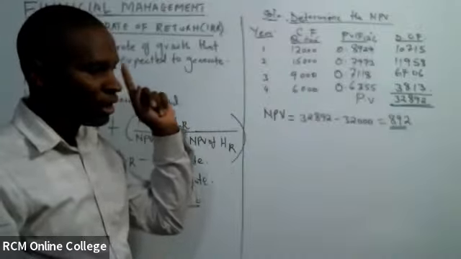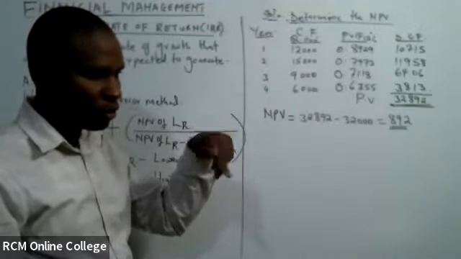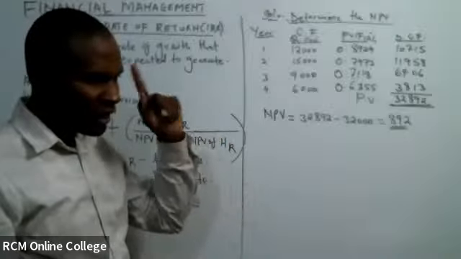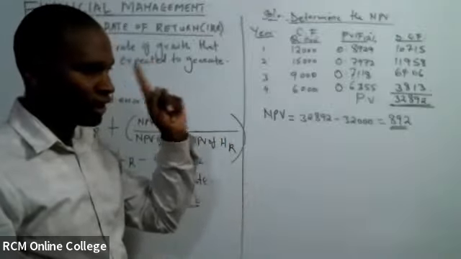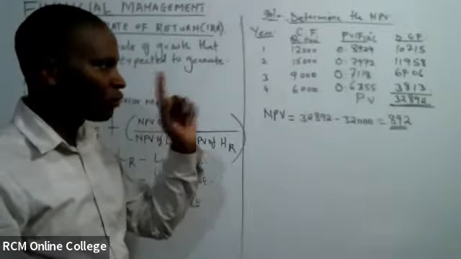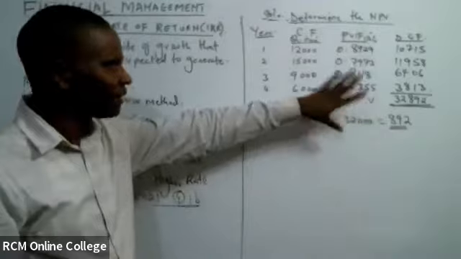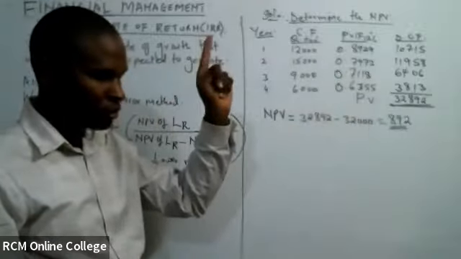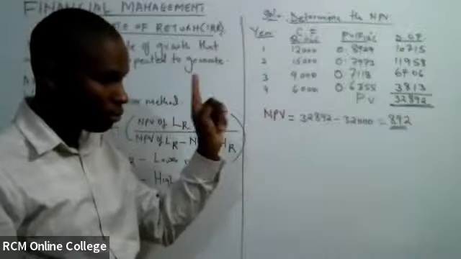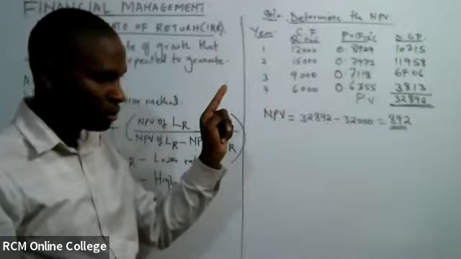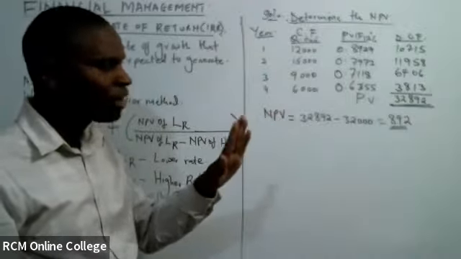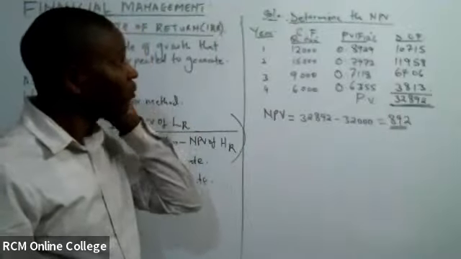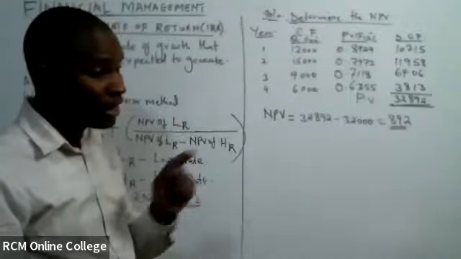Are we changing it upward or downward? We increase the cost of capital. Exactly. If in the first juncture you compute and get a positive NPV, you increase the cost of capital. If we had gotten a negative one, what would we do to the cost of capital? Reduce it. Just know that. So in our case here, we want to get either a negative or zero NPV.